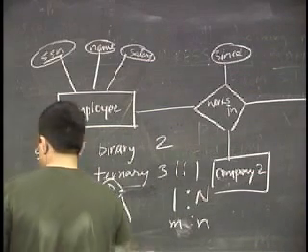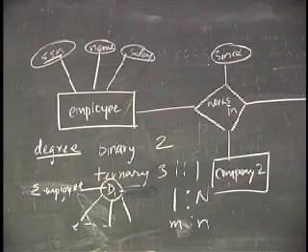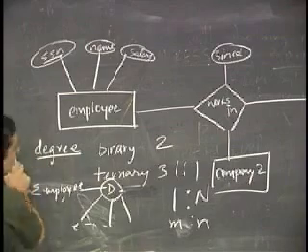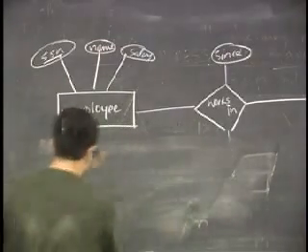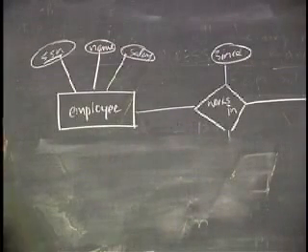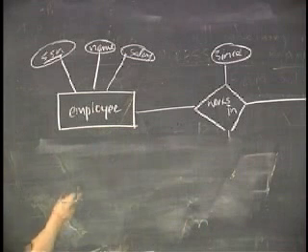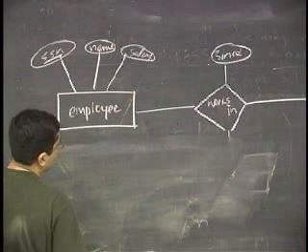Second is participation. So one attribute is the cardinality of the relation. The second is participation.